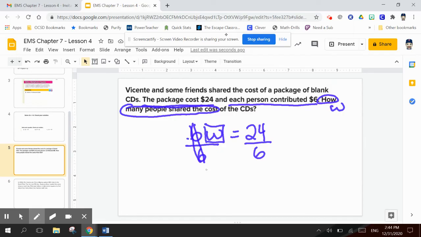I'm left with my variable W. 24 divided by 6. 6, 12, 18, 24. That's 1, 2, 3, 4. So I know that my variable W is 4 people who had to share the cost, each one paying $6.